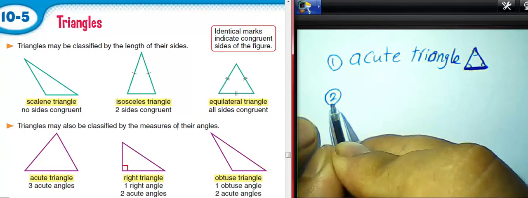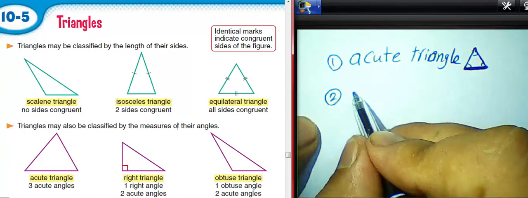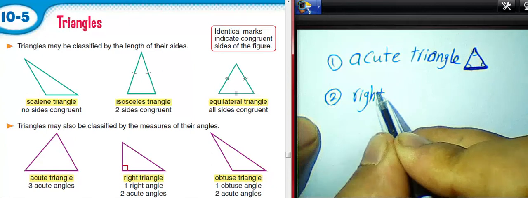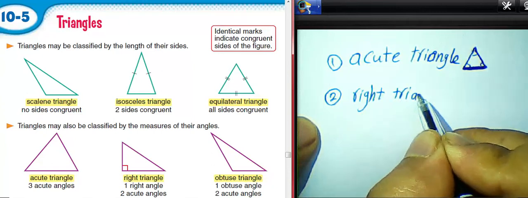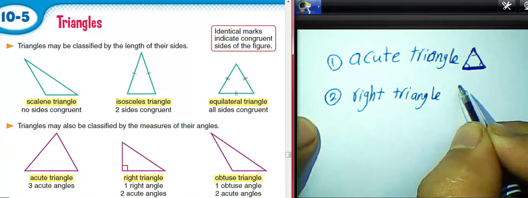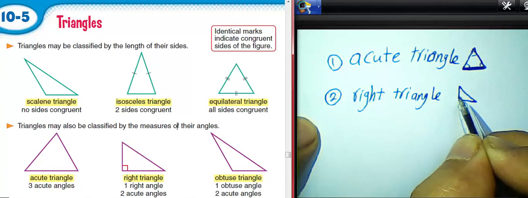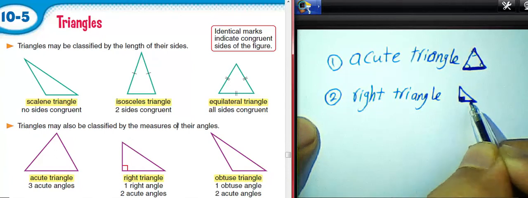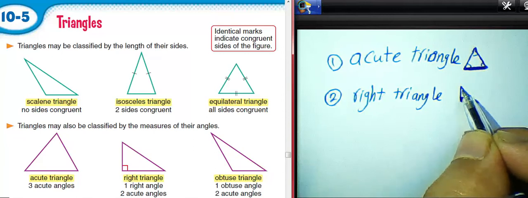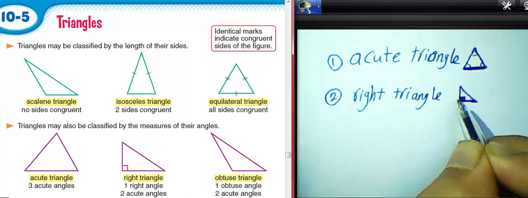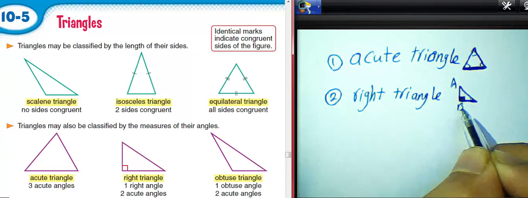Number two, right triangle. We have a right angle and two angles will be acute, such as that ABC is a triangle.